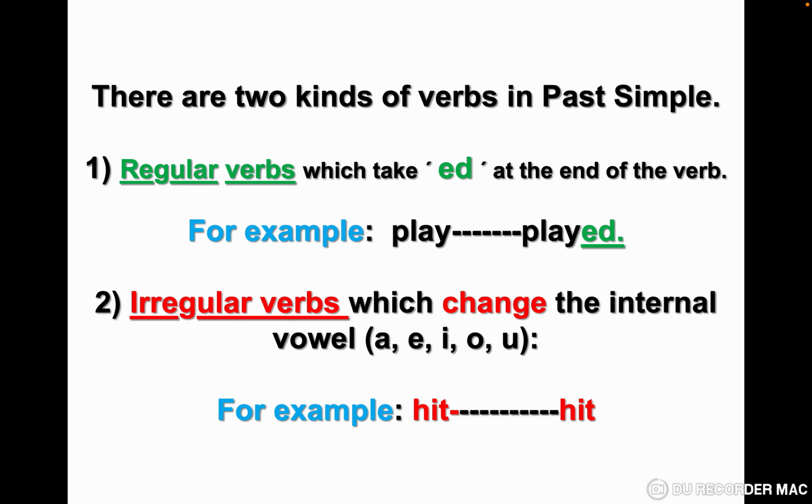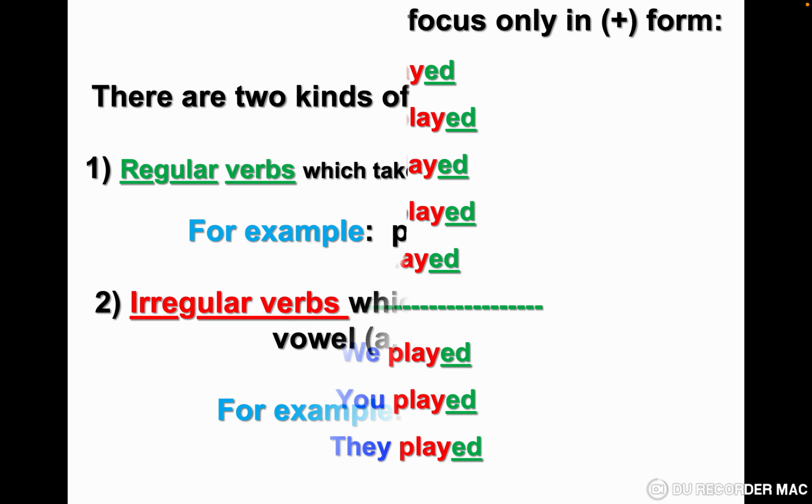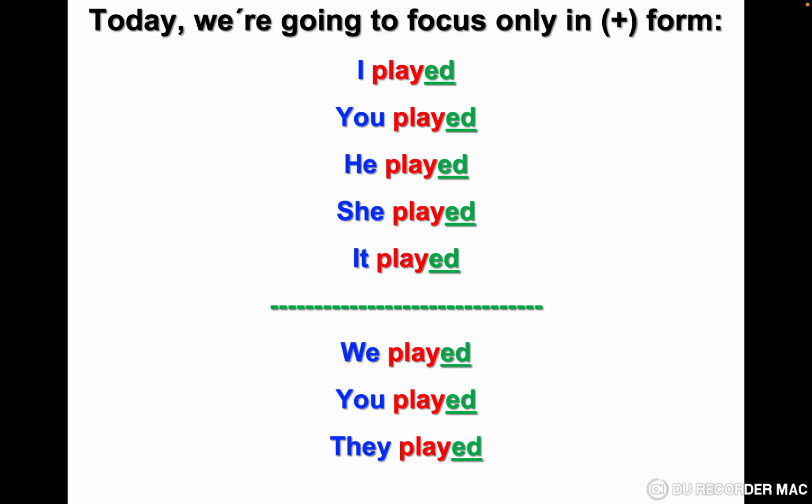So this verb doesn't change in the past simple. Today we're going to focus only on the positive form. I played, you played, he played, she played, it played, we played, you played, they played. So this verb takes ed in the past because it's a regular verb.